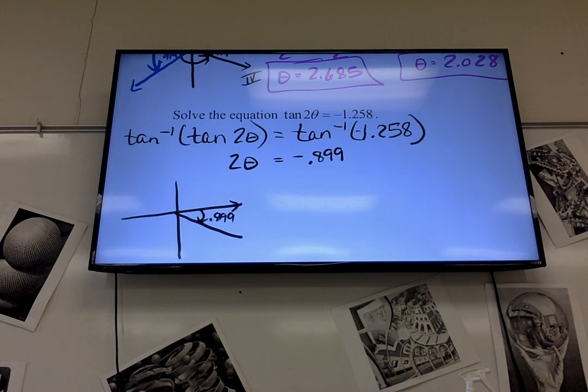The reference angle is just 0.899. So tangent is negative in quadrant 4. Where else is it negative? Quadrant 2.